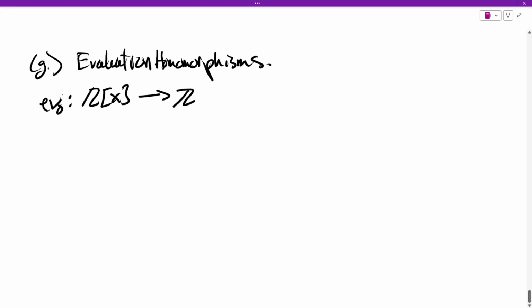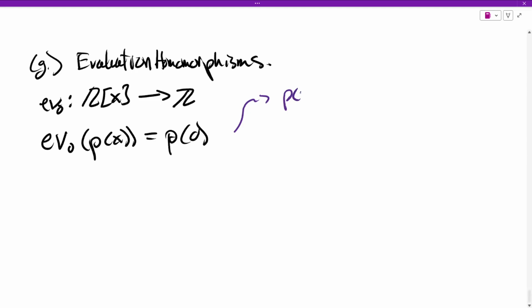What is the definition of ev sub 0? What it has to do is take in a polynomial and produce an integer. Well, I know how to do that. I can take my polynomial and plug in 0. So let's think a minute about what this function is actually doing. If we have an integral polynomial, again, it doesn't really matter that it's integral, but somehow it's psychologically comforting. It looks like that, right?